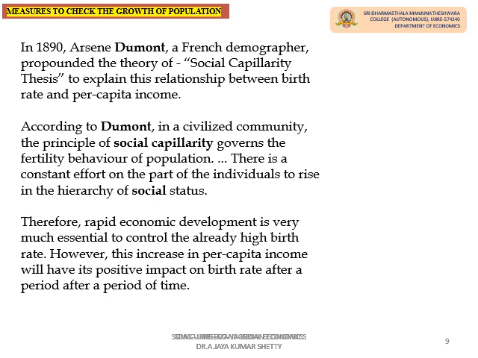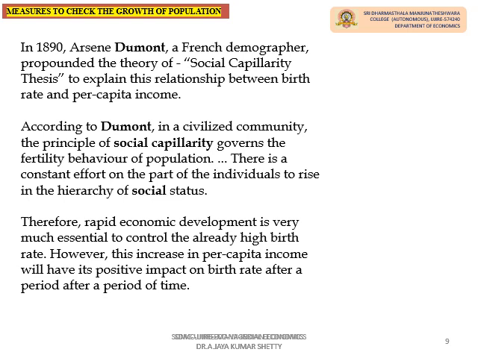We know that in 1890, Dumont, a French demographer, propounded the theory of social capillarity to explain this relationship between birth rate and per capita income. According to him, in a civilized community, the principle of social capillarity governs fertility behavior of population.